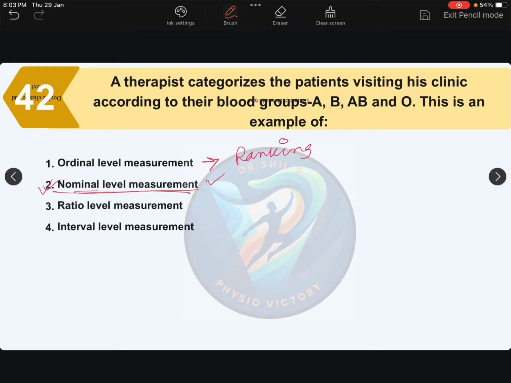Interval measurement means equal intervals. There is no true zero, and ratio level is where a true zero exists.